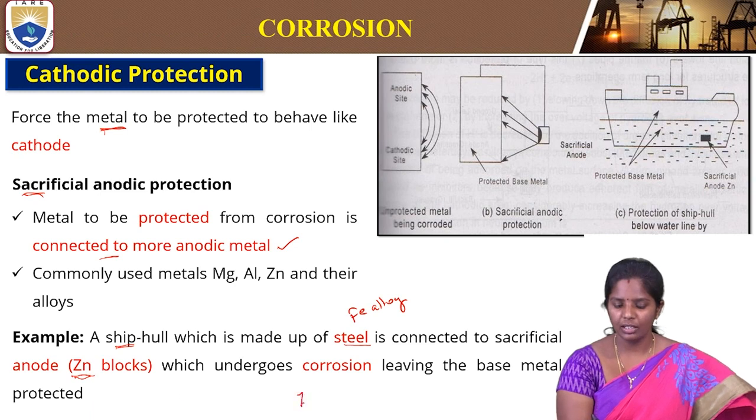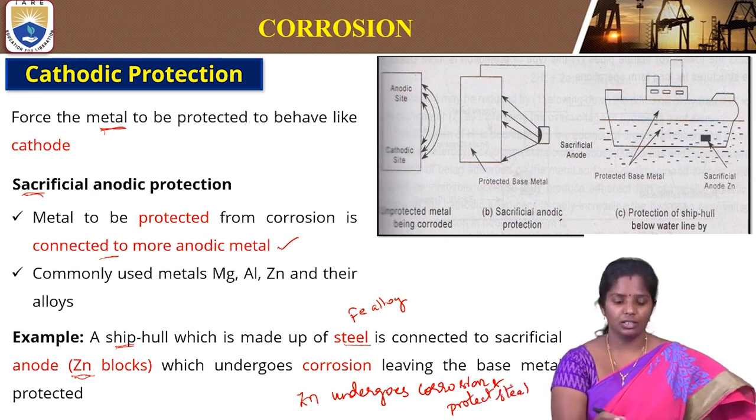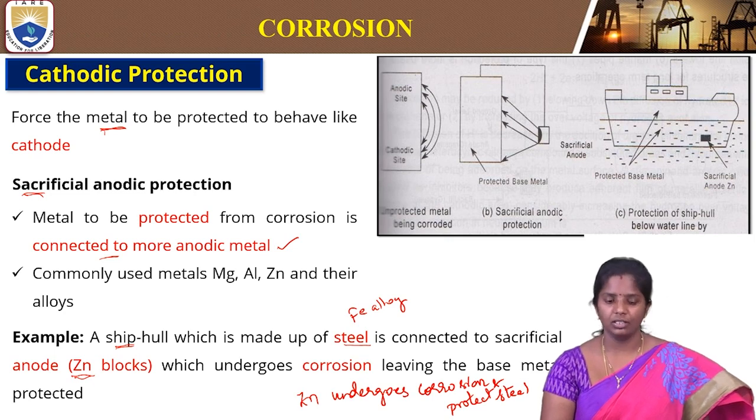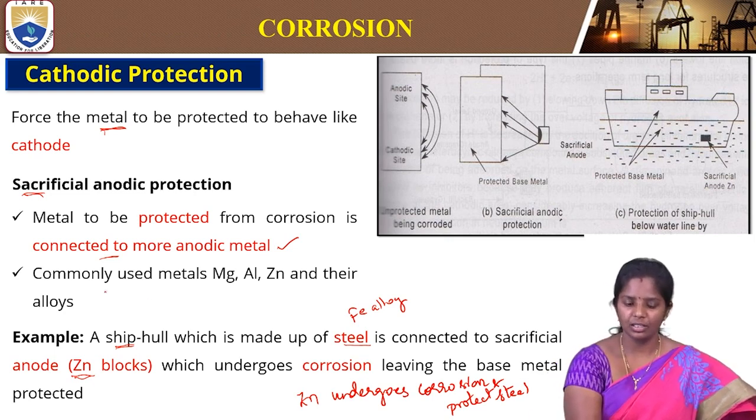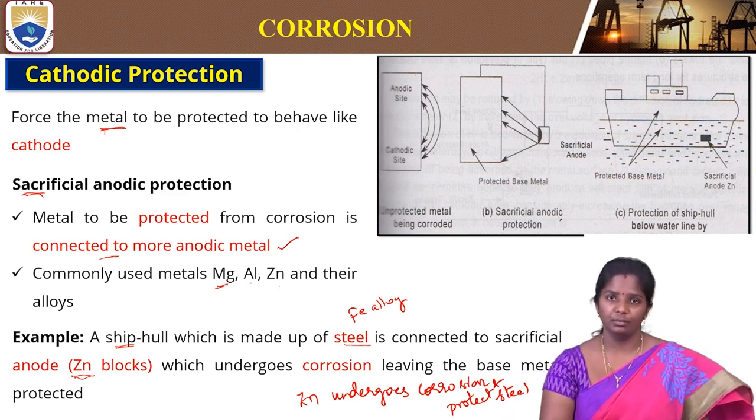So here zinc undergoes corrosion and protects steel. This is how sacrificial anodic protection is done. Mainly, the common metals used are magnesium, aluminium and zinc, and their alloys, for protecting other metals.